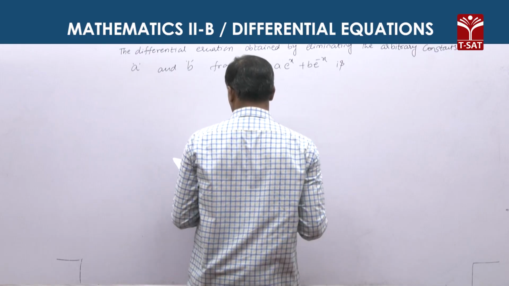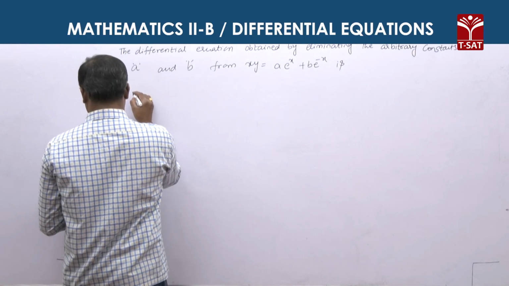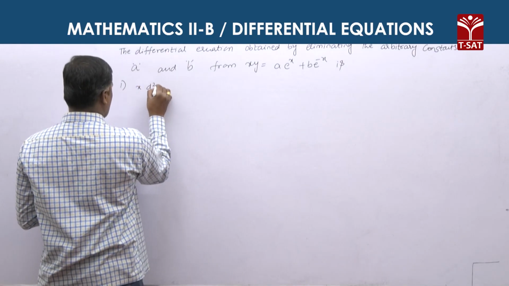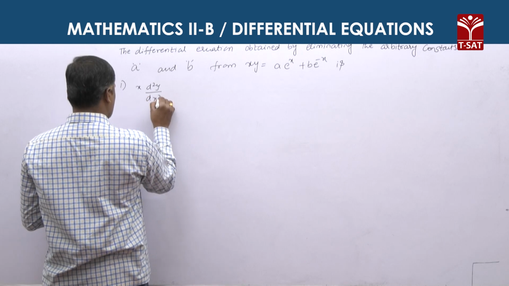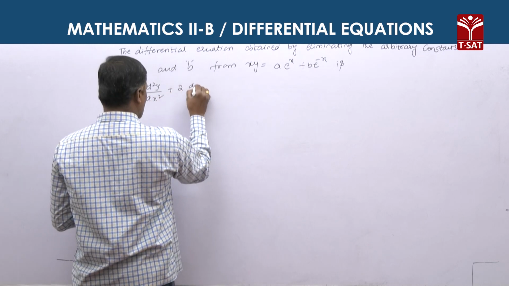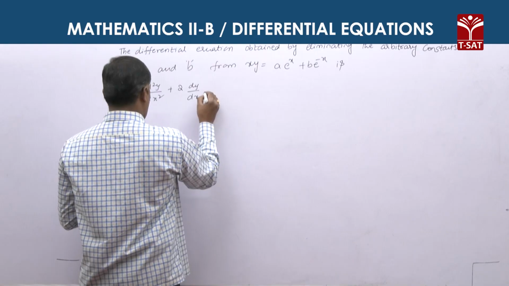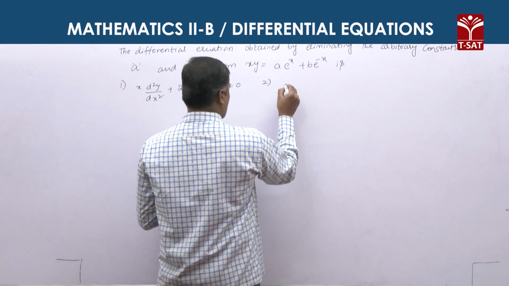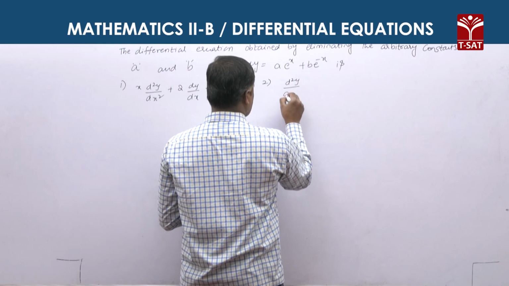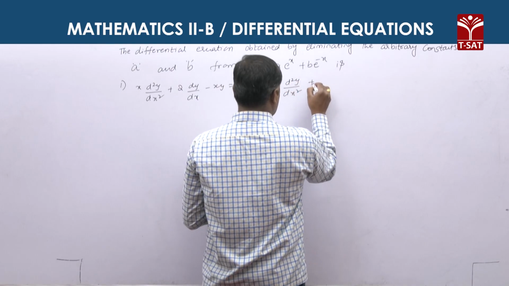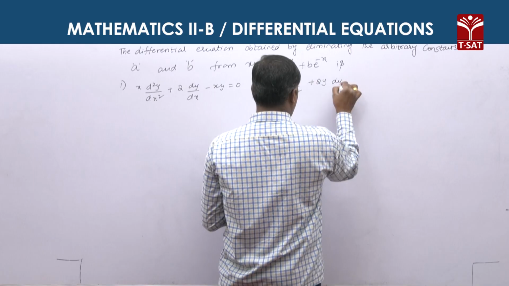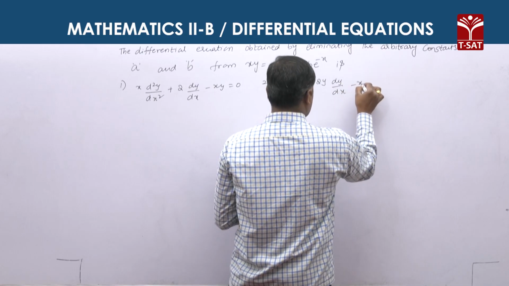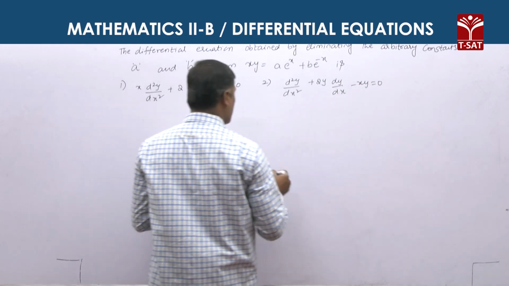First option: x into d square y by dx square plus 2 into dy by dx minus xy is equal to 0. Second option: d square y by dx square plus 2y into dy by dx minus xy is equal to 0.